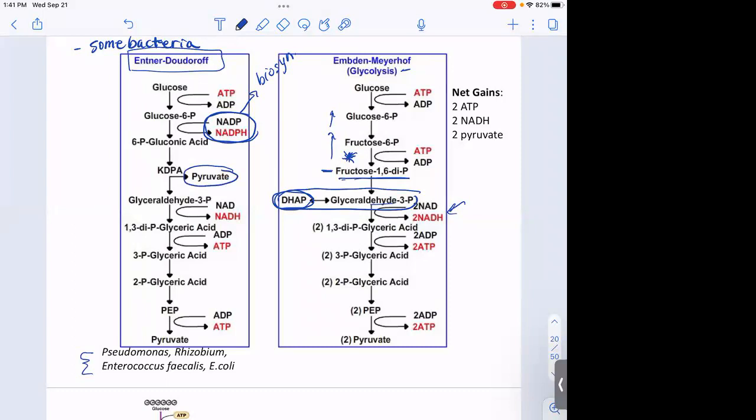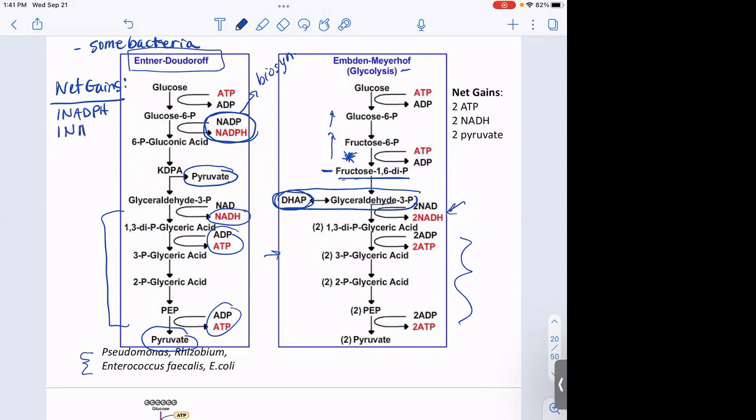So we kind of are missing out on ATP and the reducing power that we normally get down here at the bottom of glycolysis for one of those pyruvates. But the bottom half here of the Entner-Doudoroff is the same as the bottom half of glycolysis. So here we're getting 2 ATPs and we're getting an NADH. But we still end up with 2 pyruvates. Okay, so net gains of the Entner-Doudoroff, we're getting 1 NADPH, 1 NADH.